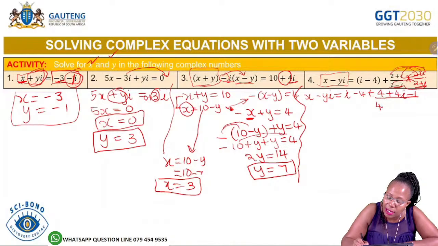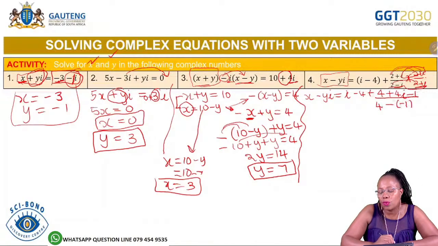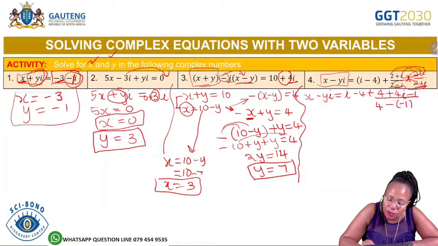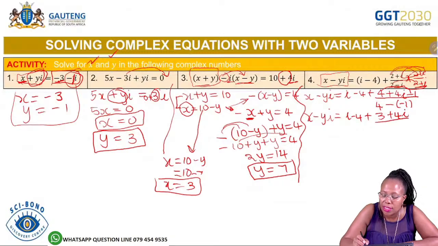And then i times i, which is minus i squared. i squared is a negative 1. So we have x minus yi equal to i minus 4 plus 4 minus 1, which is a 3 plus 4i on top.